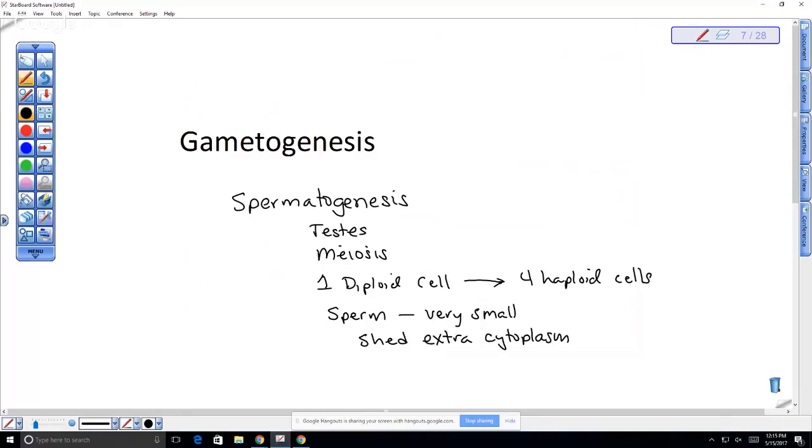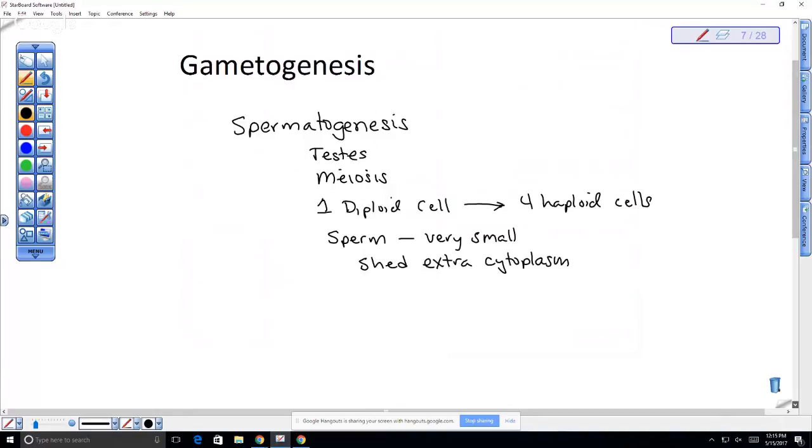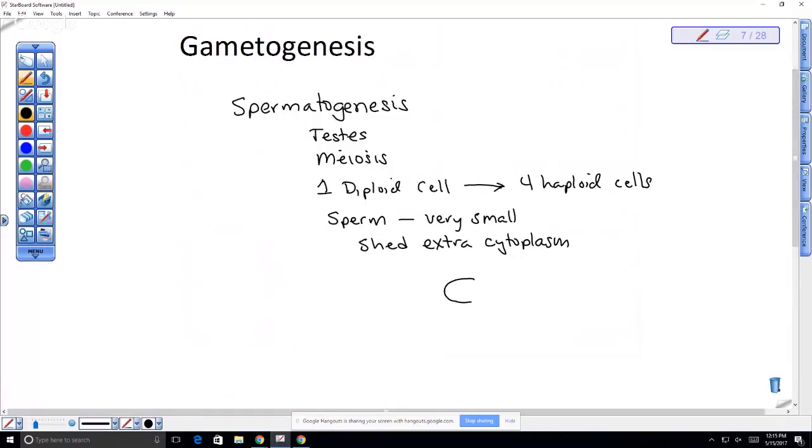So if we look at what a mature sperm looks like, it has the nucleus filling up the majority of the head. There's just a little bit of cytoplasm. Then we have a mid piece, which has special types of mitochondria in it. And then we have part of the cytoskeleton, which is called the flagellum.